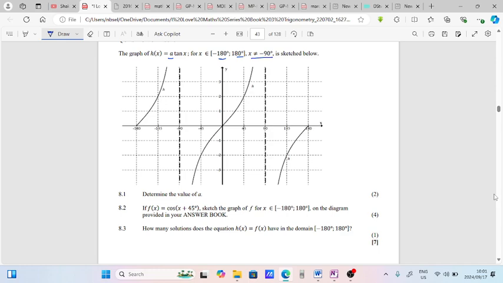How did you get that value? Okay, amplitude. Normally we say amplitude. But okay, yes, amplitude. What is the amplitude of this graph?